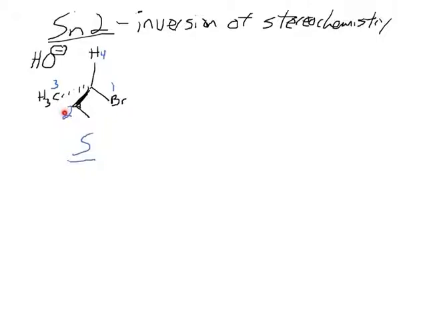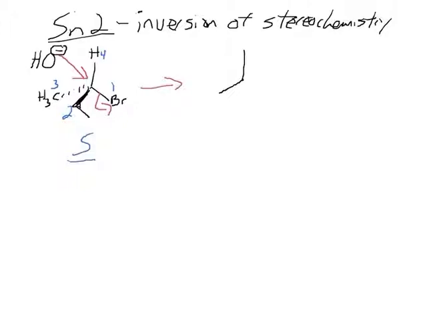So what's going to happen now in the second step? Let's watch our nucleophile attack, of course, the sigma star from the backside attack. The electrons from the carbon-bromine bond break. And what happens now is that we've flipped it almost like an umbrella.